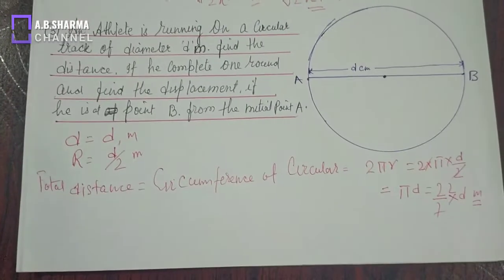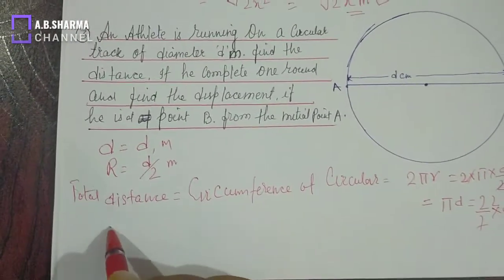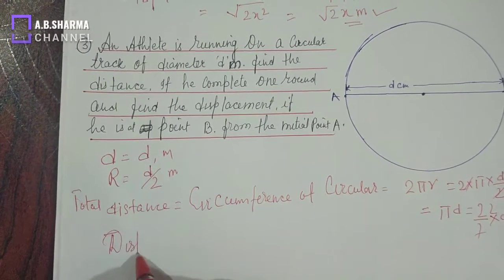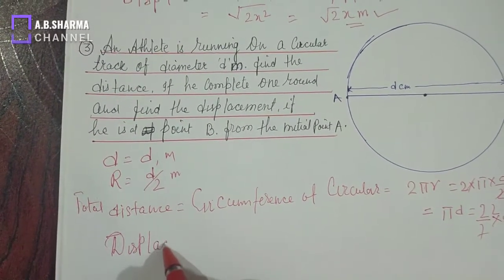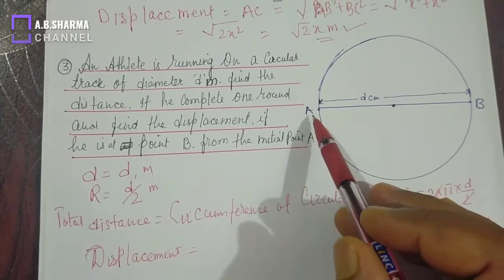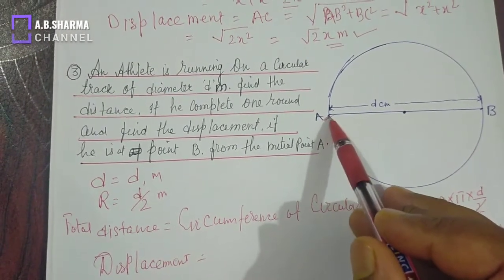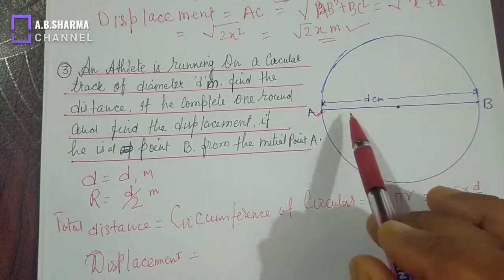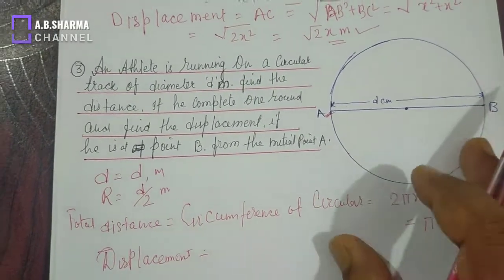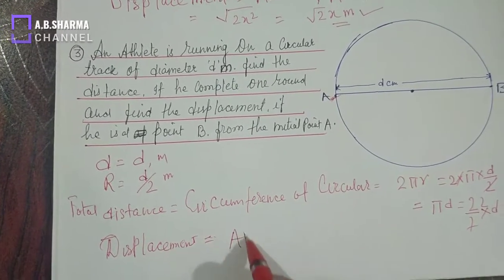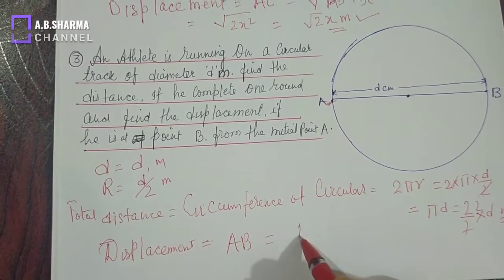But displacement is how much? Initially the athlete was at point A and after a certain time it is at B. So this is the shortest distance from A to B. So displacement will be AB, which is equal to d meter.